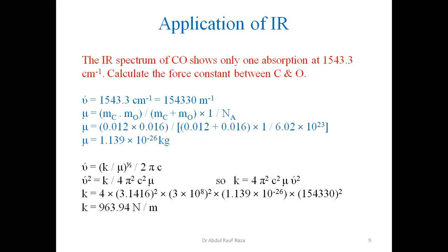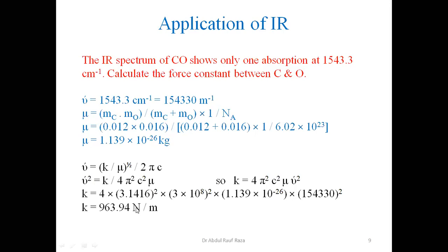Newton per meter, or this is also called kilogram per second square. This is also the unit for force constant. Why? Because we are here taking Newton per meter, right? Newton per meter is the unit of force. If you remember, force is equal to ma, mass into acceleration.